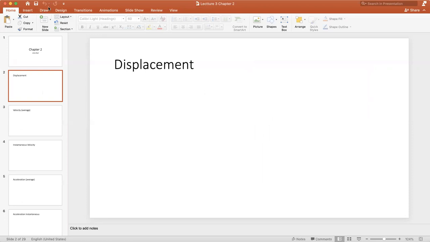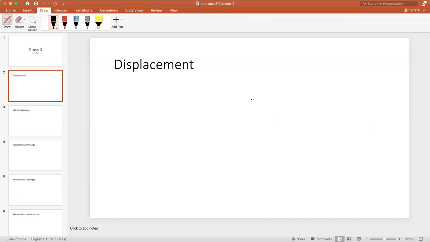Displacement is pretty easy to understand. If I were to start walking, right? So I walk some distance, and let's say I walk 10 meters to the right. I would call this x initial and x final. The little zero subscript means time zero.